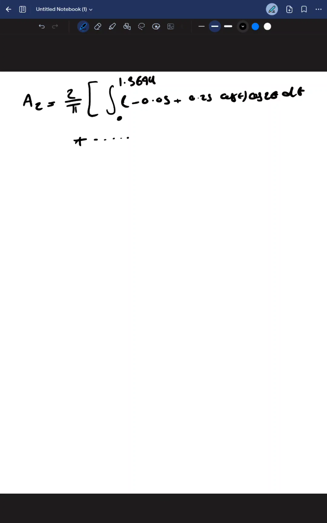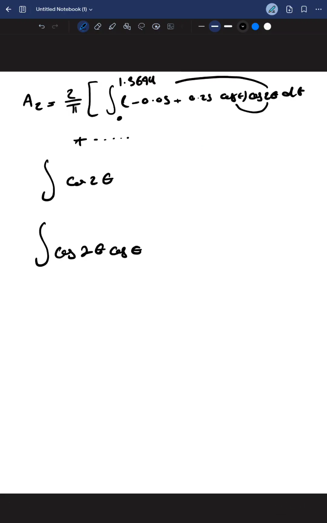The only thing we don't really have here is the integral of cosine of 2 theta and the integral of cosine of 2 theta multiplied by cosine of theta. You just have to know the solutions to these integrals. The solution to the integral of cosine of 2 theta is pretty simple. 2 theta is essentially a theta prime, a different angle, right? So its integral is sine of 2 theta over 2.